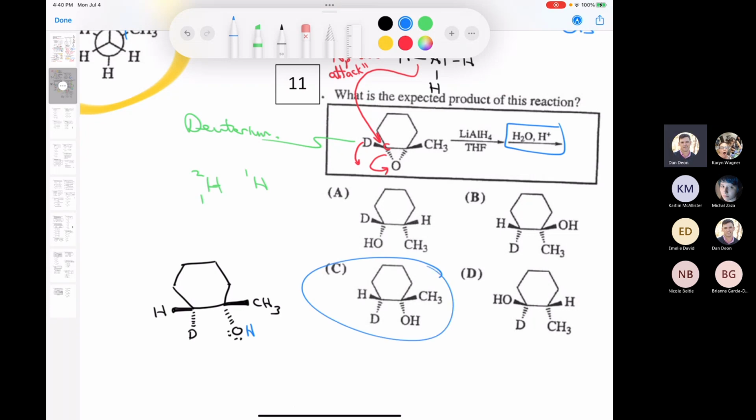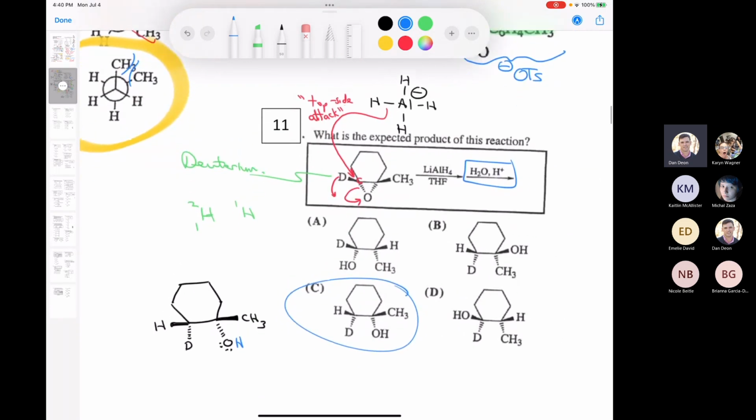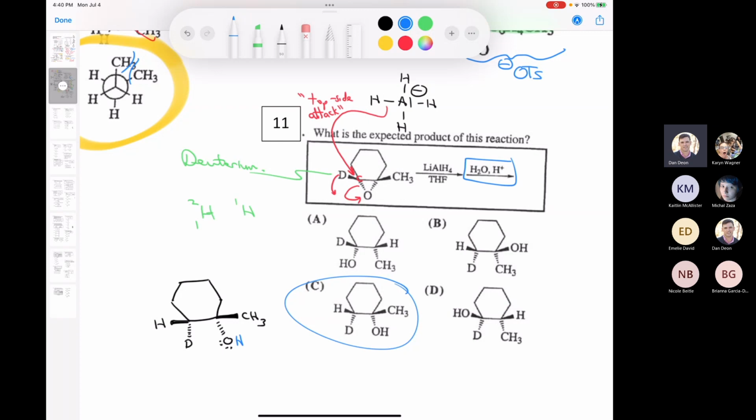A lot of dots to connect in this question, but if you remember, in the ethers and epoxides chapter, which is chapter 13, it talks about the ring opening of epoxides using a nucleophile. Nucleophiles always go for the least hindered carbon and will attack from the least hindered face. So if it's something you want to review, that would be chapter 13.